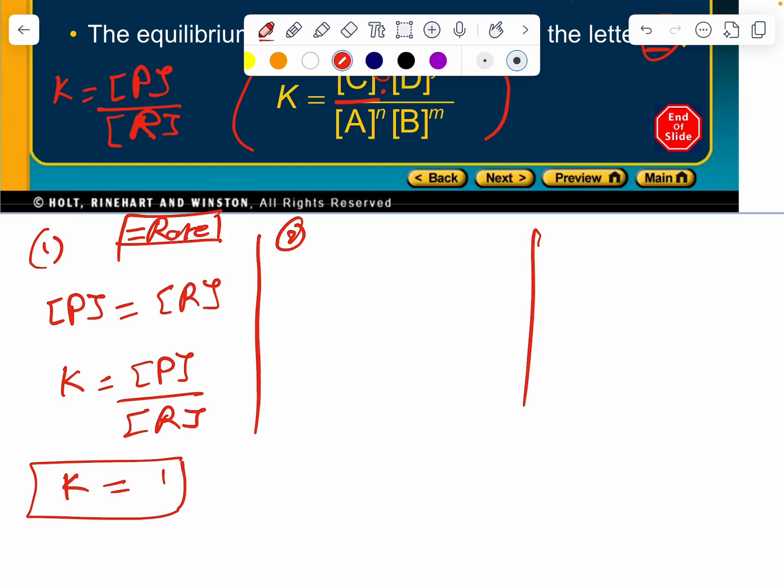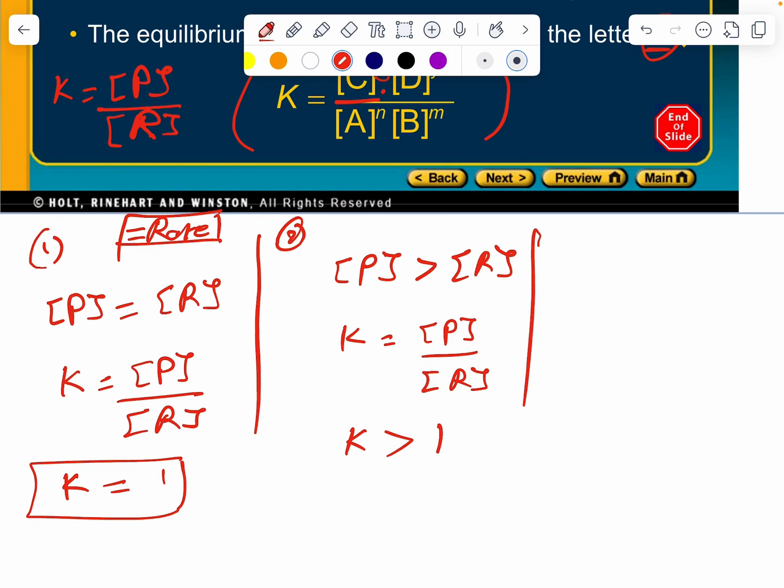Case number 2: if the concentration of products is higher than, bigger than the concentration of reactants, in this case K will equal the concentration of products over the concentration of reactants, and K will be more than 1 because the concentration of products is higher than the concentration of reactants.